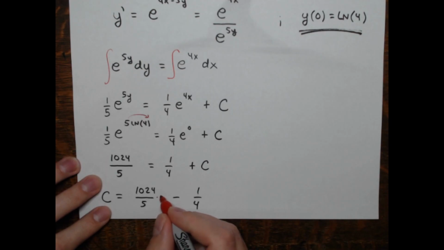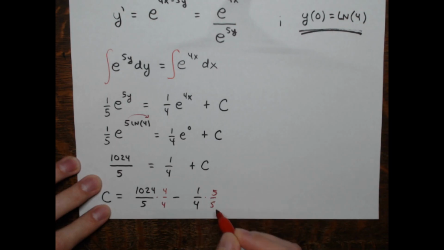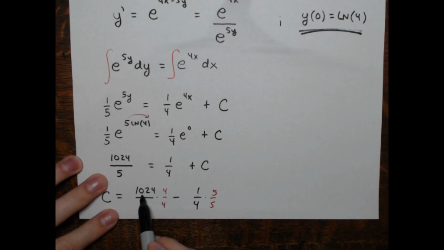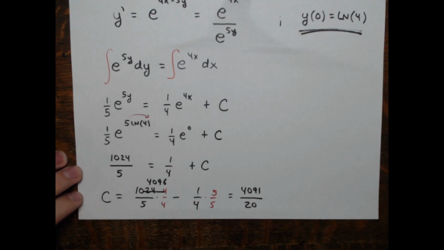Need to get a common denominator, so I multiply this by 4 over 4, and this by 5 over 5. Now this would be doubling this again, 2048, 4096 over 20 minus 5, so this is 4091 over 20 for the constant.